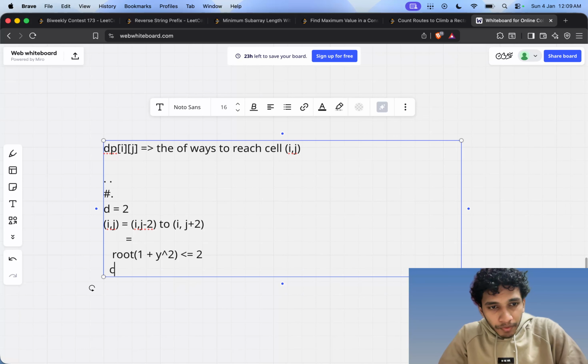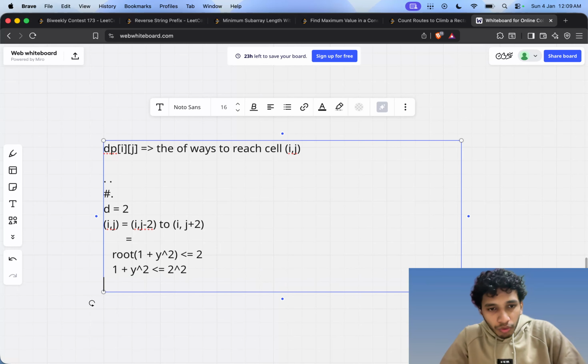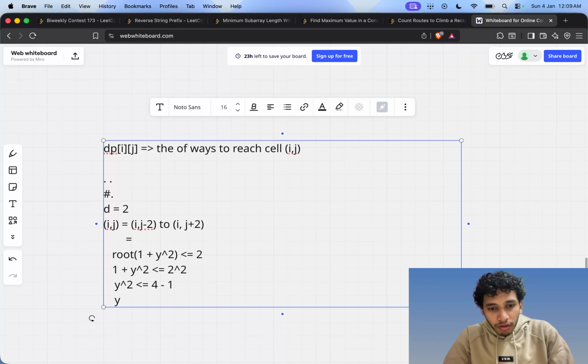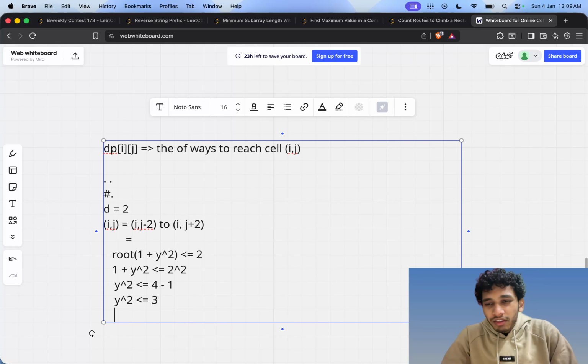If we write it in a little different form, it is 1 plus y squared is smaller than or equal to 2 squared. We took the root to the other side of the equal sign. Which is equal to y squared is less than or equal to 4 minus 1. So y squared is smaller than or equal to 3. And what is the root of 3? It is about 1.732.